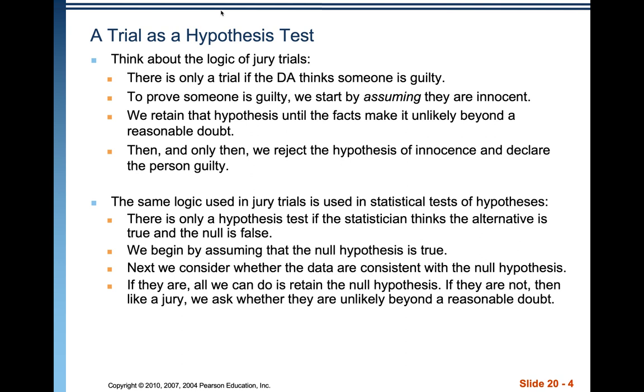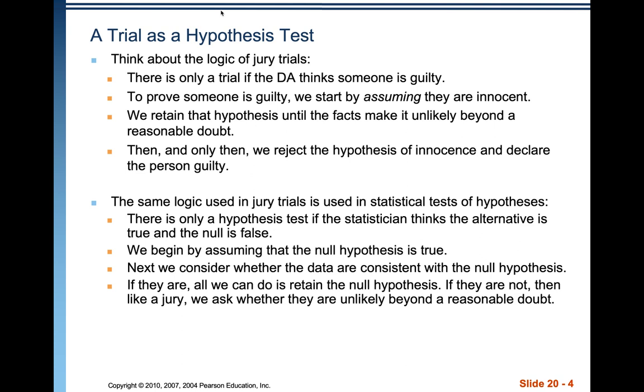So we want to think of a hypothesis test kind of like a jury trial here in the US. There is only a trial if the DA thinks someone is guilty. To prove someone is guilty, we must start by assuming they are innocent. We retain that hypothesis until the facts make it unlikely beyond a reasonable doubt. So even though we say we prove them guilty, we really don't.